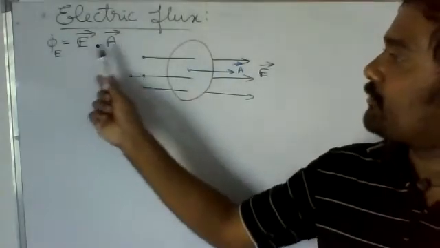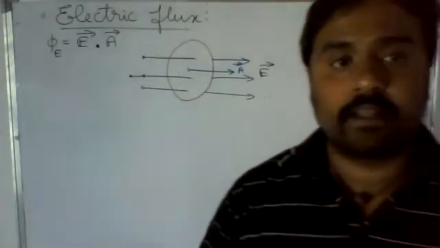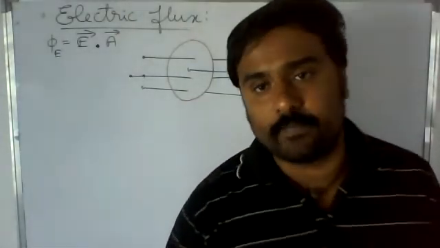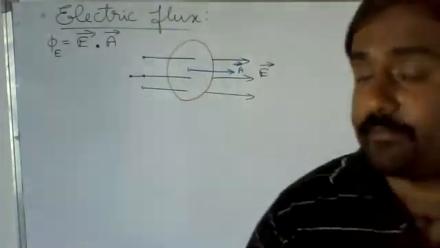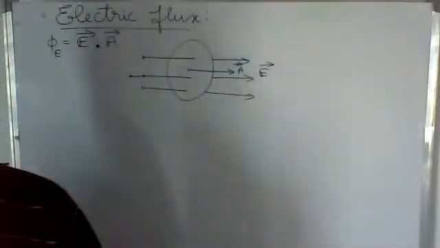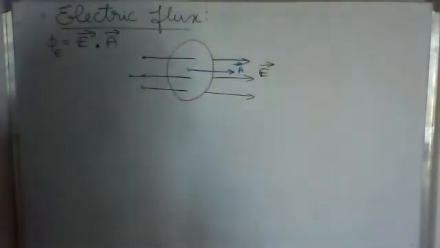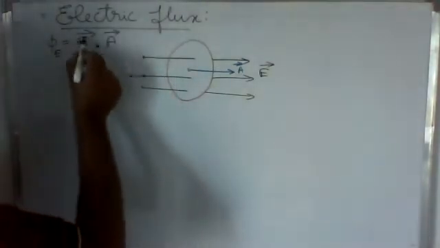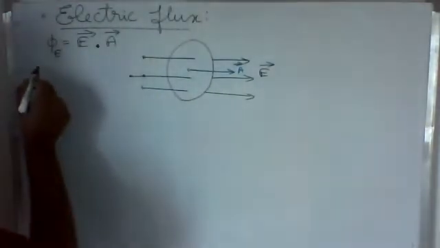Dot product of two vectors is a scalar, so electric flux is a scalar physical quantity. It is measured by taking the dot product of two vectors: one is the electric field vector and the other is the area vector.